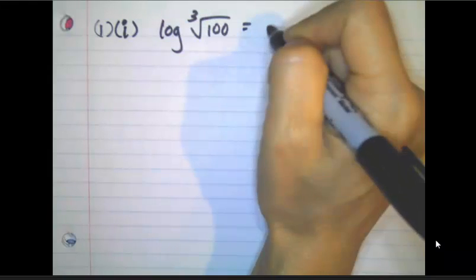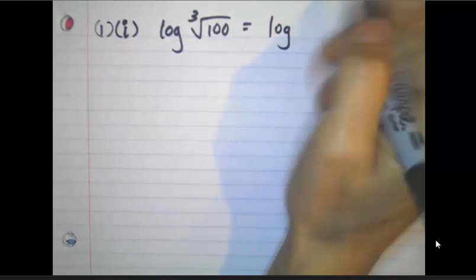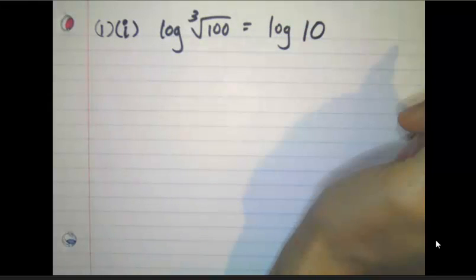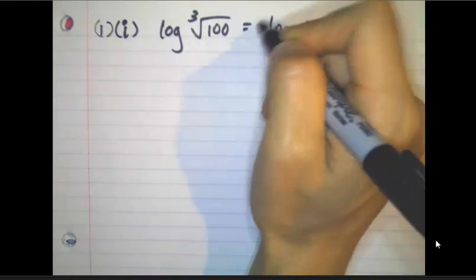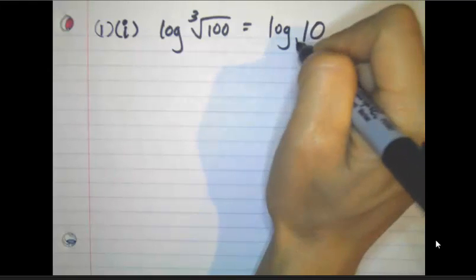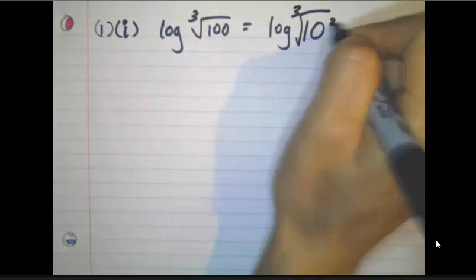Well, again, since no base is indicated, I'm going to assume that it's base 10. And I'm going to rewrite this as 10 to a fractional exponent. So let me go ahead and write it like this first.